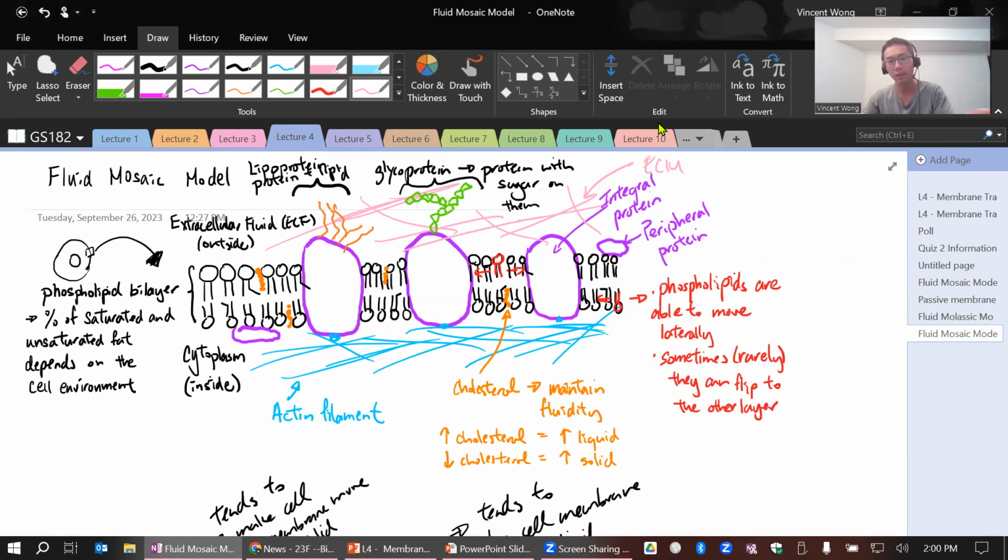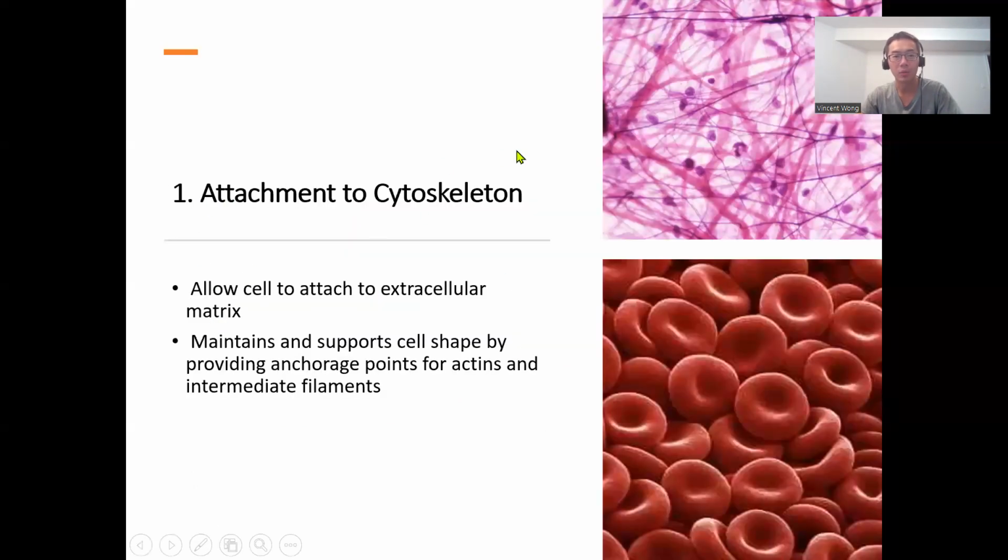So the cell needs to attach to those as well, and that's what the membrane proteins are for. Some cells have very unique cell shapes that are related to their function, and to maintain those cell shapes, you would need anchorage points from the proteins.